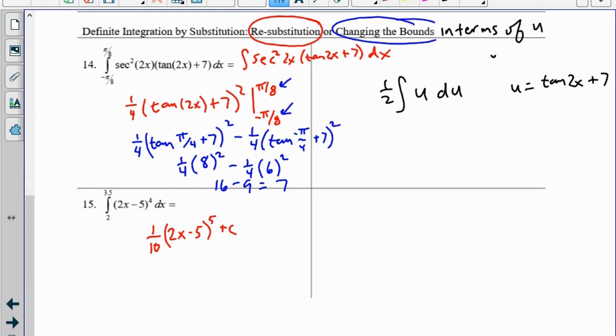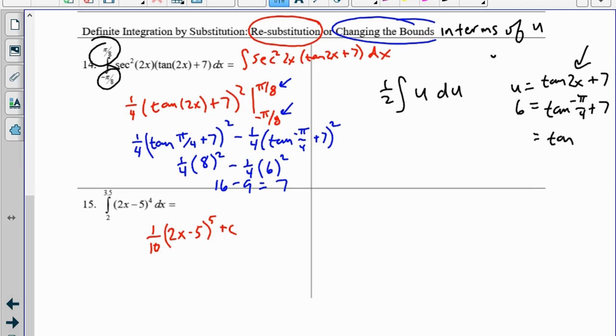I can take the negative pi over 8 and the pi over 8 that we had, and substitute them in this equation and figure out what u would be if x was negative pi over 8 and what u would be if x is pi over 8. So I'm going to take negative pi eighths, substitute it in, tangent of negative pi fourths plus 7. That gives me 6. So when x is negative pi eighths, u is 6.